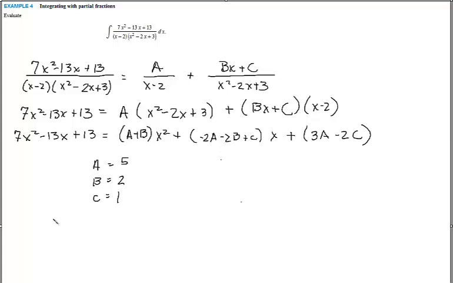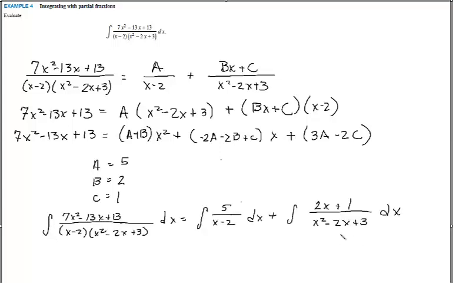The next thing I need to do is set this up as an integral now. Alright, now this second integral here is a little messy. If I were to let u equal x squared minus 2x plus 3, du would equal 2x minus 2 dx. So I'm not exactly there yet, but I could break this into 2x minus 2 plus 3, and that would still be there, and that would allow me to be able to integrate this thing.